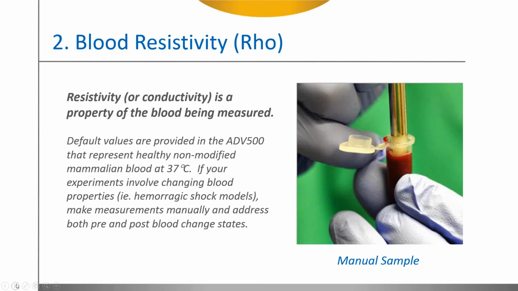The ADV 500 provides default values that represent healthy, non-modified mammalian blood at 37 degrees C. So if your experiment involves changing blood properties, for example, during a hemorrhagic shock study, it would be a good idea to use the probe supplied with the ADV 500, and following the illustration, take an actual measurement of the blood as it pertains to your protocol. Once again, you're ensuring the accuracy of your data by performing these due diligence steps.